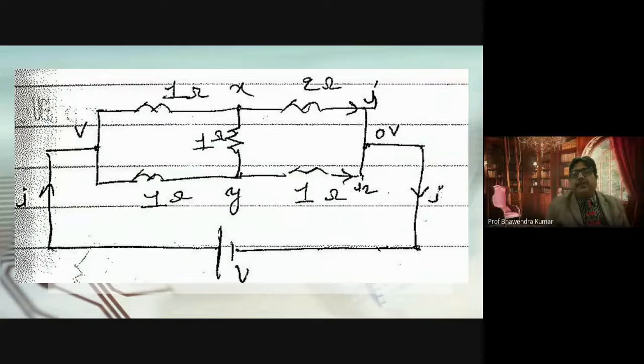Okay, circuit all of you have made? Then look at that circuit. Okay, 2 plus 1 divided by 2 plus 1 is 3 by 4. 1 plus 1 by 2, 3 by 2.